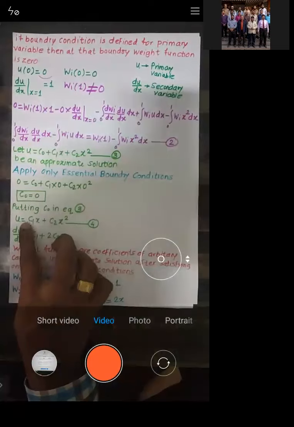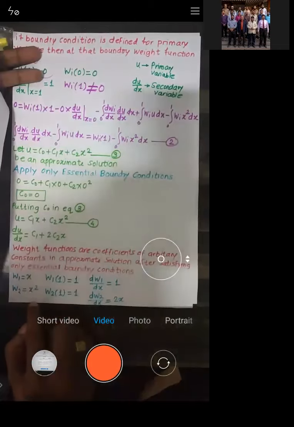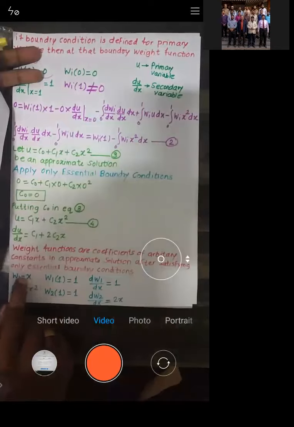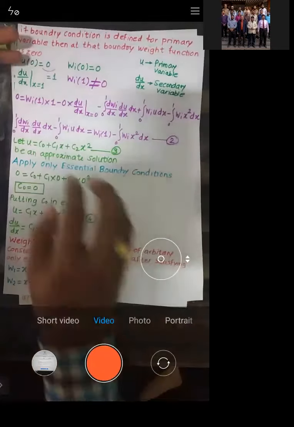From the equation of u, the constants are c1 and c2. So their coefficients, that is x and x square, I have taken as weight functions. Now by putting the different values of x, like I put x as 1, I got the weight function w2. I have taken the derivative of the first weight function and the derivative of the second weight function. Now these values are required to substitute here.